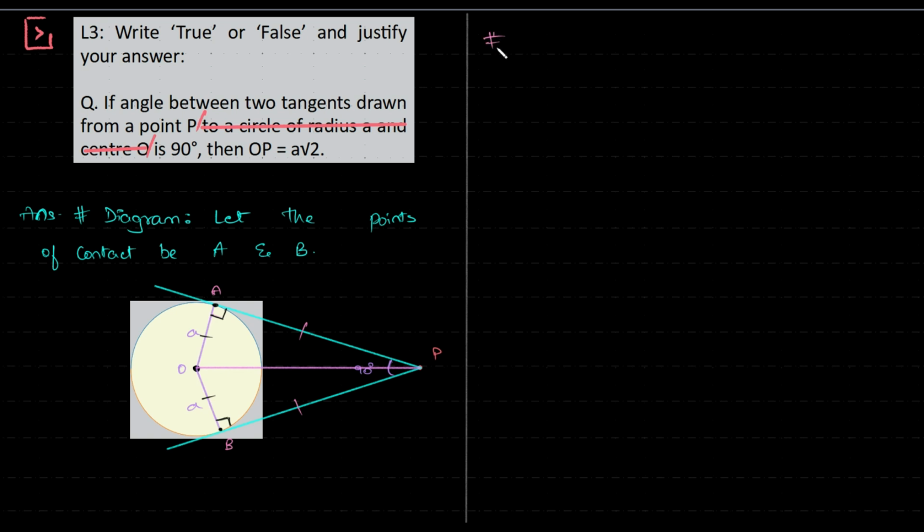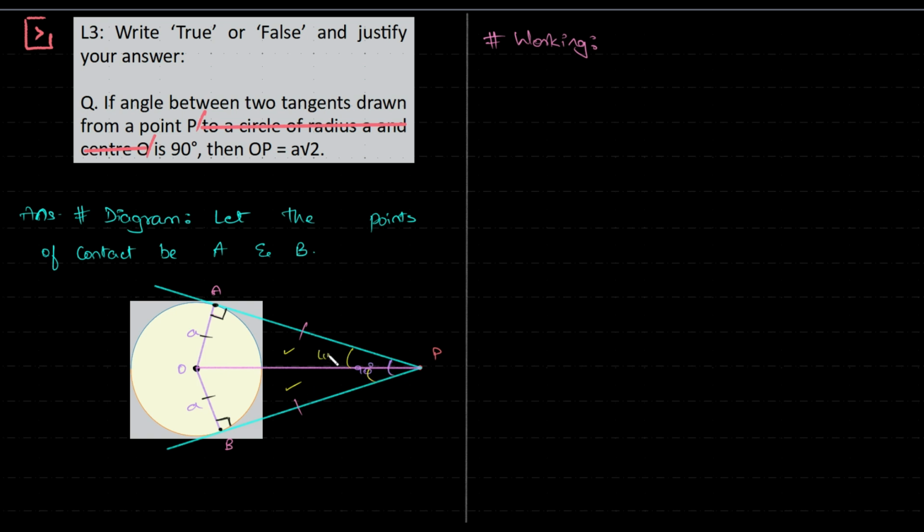Then we have the working. Now, what is that we are looking at? How will we go about doing this? See, basically, we know that these two triangles are congruent, right? With that, we can tell that these two angles are equal. So each of these angles will be equal to how much?